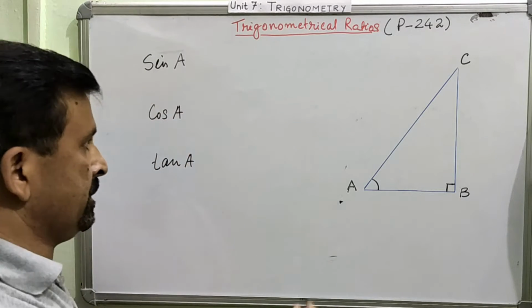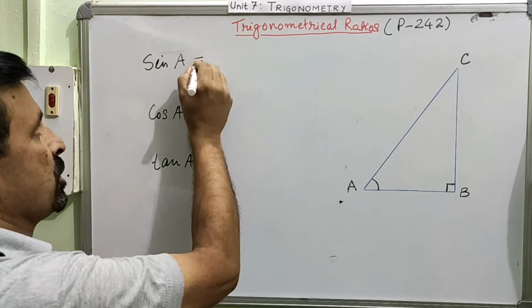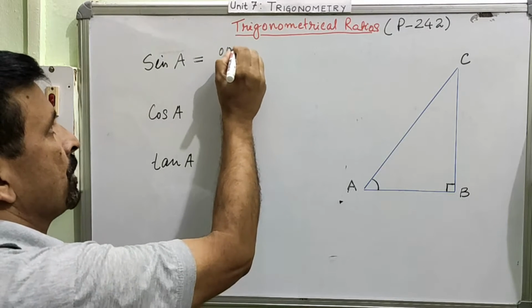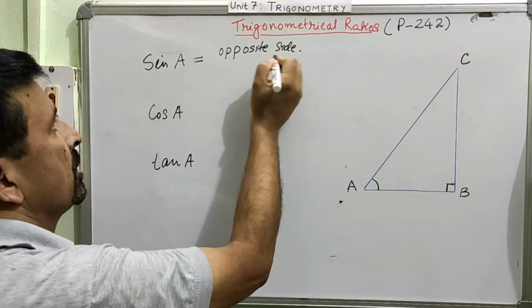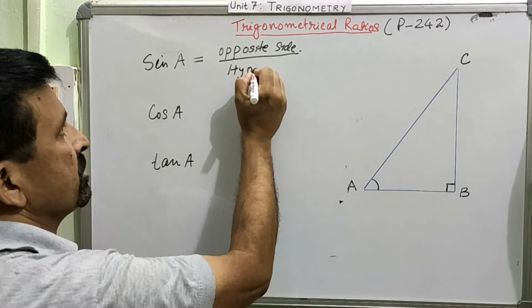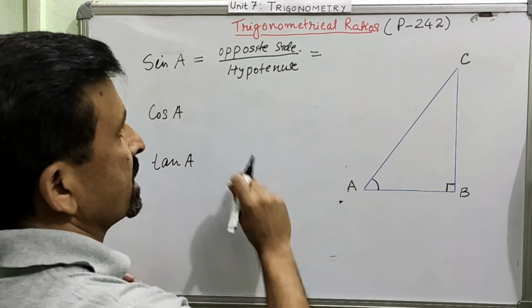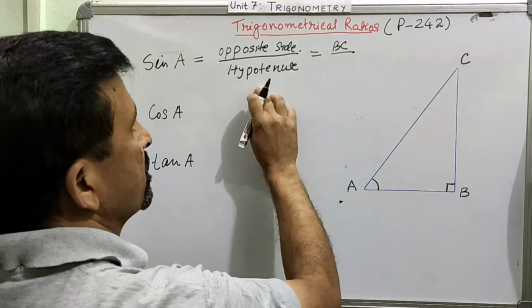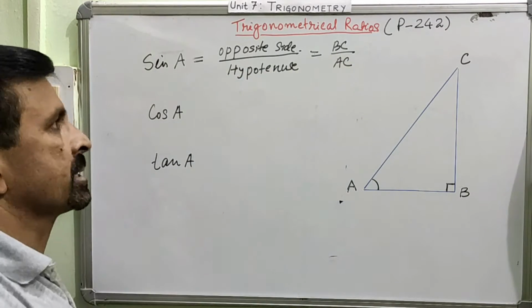Now, we need to know that the trigonometrical ratio sine A is the ratio of opposite side to hypotenuse, right? Where what is the opposite side? BC. And what is the hypotenuse? AC.